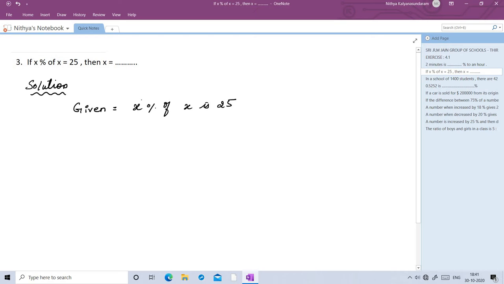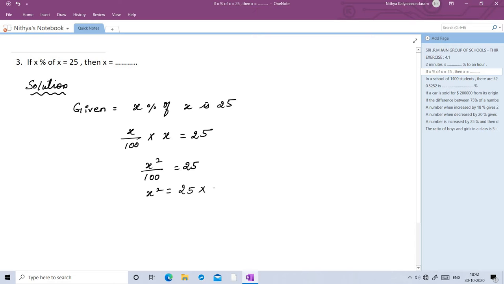So percentage means we'll write it over 100. x by 100 into x, where "of" means multiply, is equal to 25. So x into x is x square by 100, it's equal to 25. x square is equal to, division, if you are moving that side, multiply.